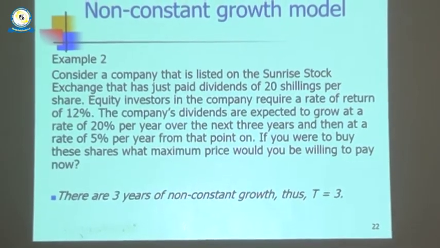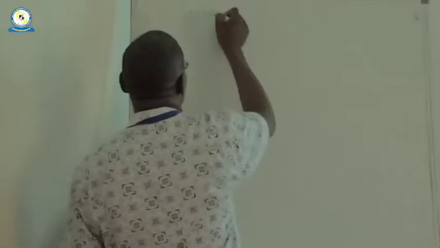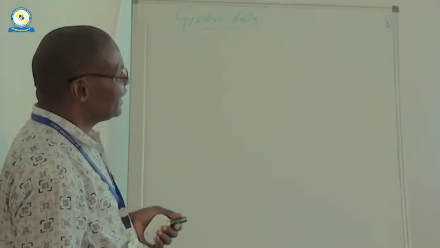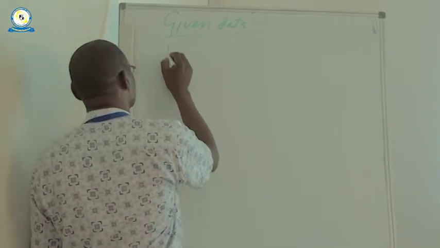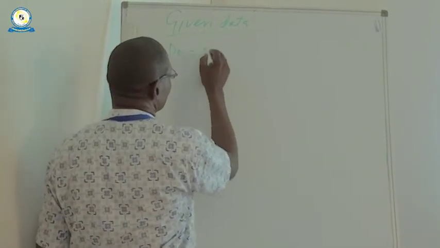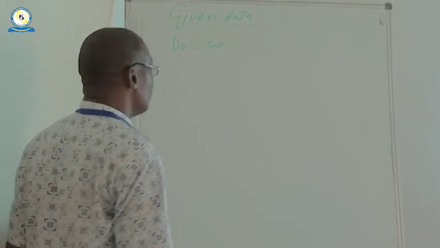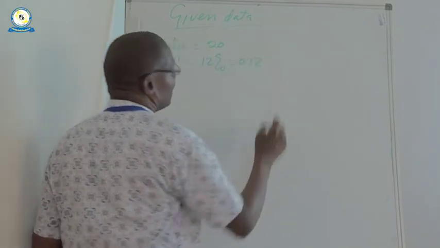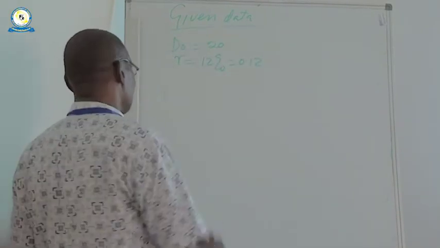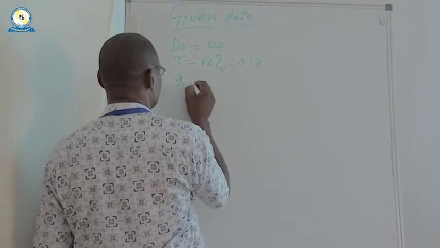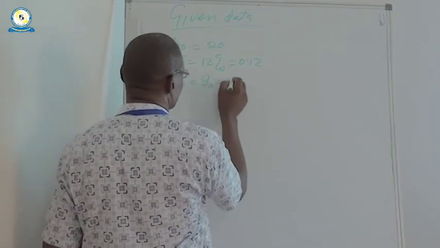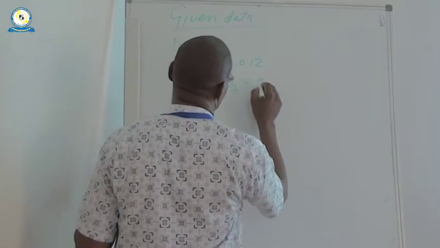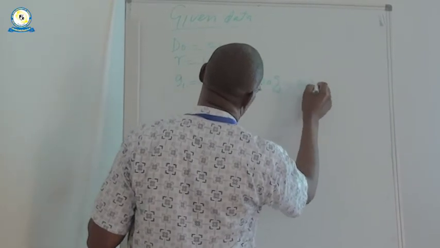Now, given that, first you are given the dividend just paid, D0, which is equal to 20. And then the rate of return is 12%. And then you are also given a growth rate: g1 is equal to g2 is equal to g3, because this rate is for 3 years, equal to 20%.